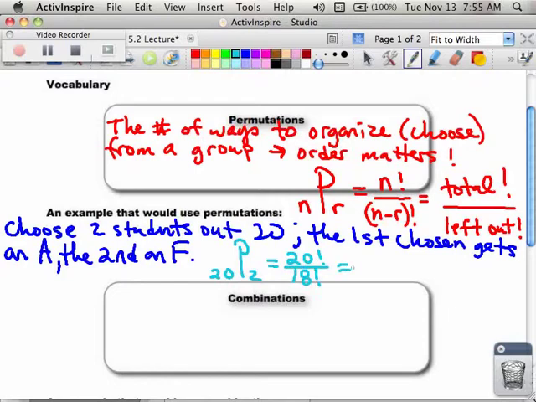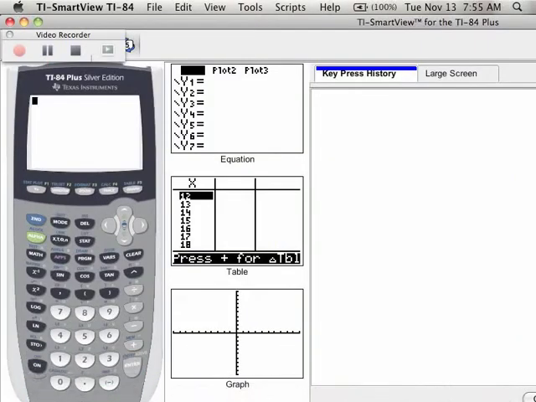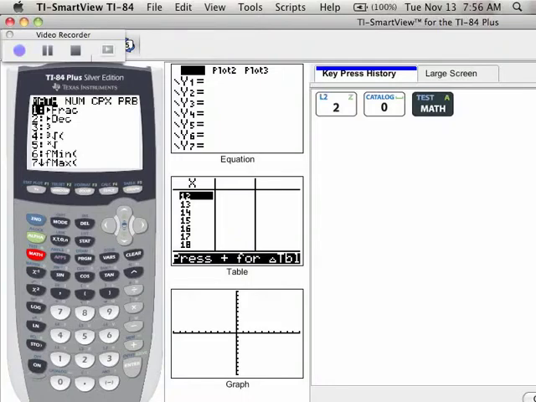Now we can do this on our calculators. If you go to your calculator and type in 20, the next place you go is the math button on the far left, and then arrow over to probability, PRB.